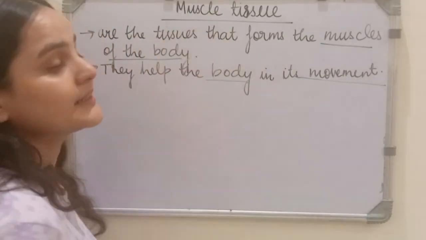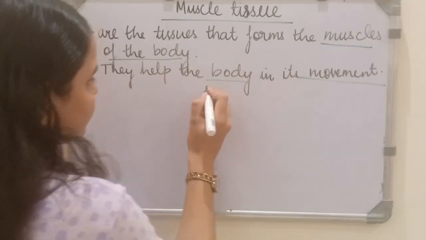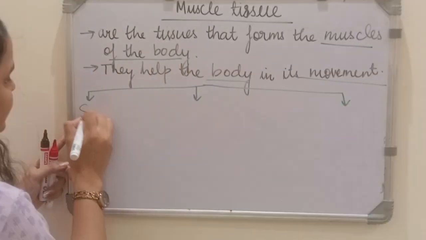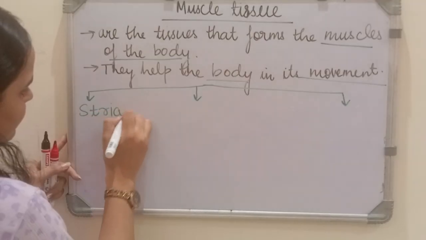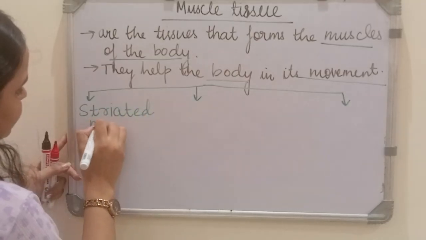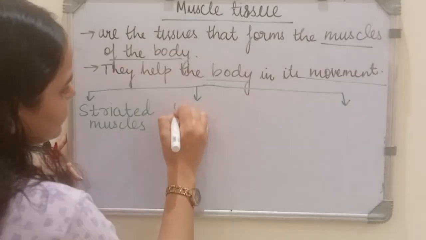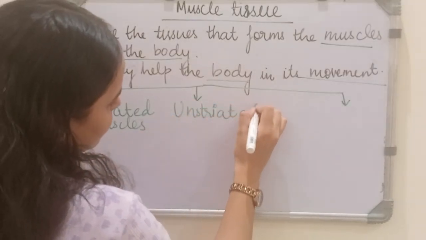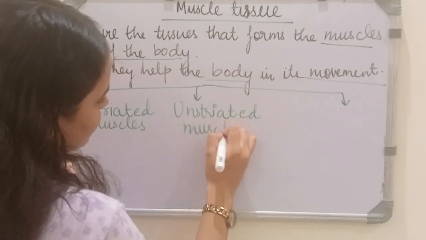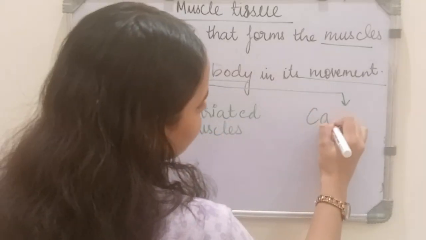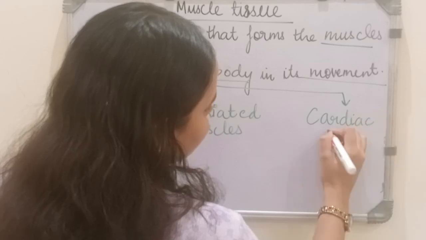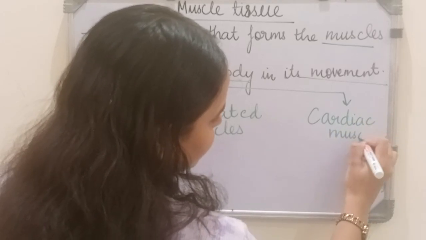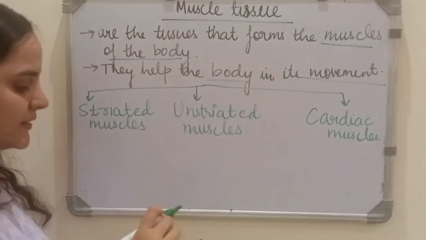So now this muscle tissue is categorized into three types. One is striated muscles. Second is unstriated muscles. And the third is cardiac muscles. Okay, let's write the other names also.